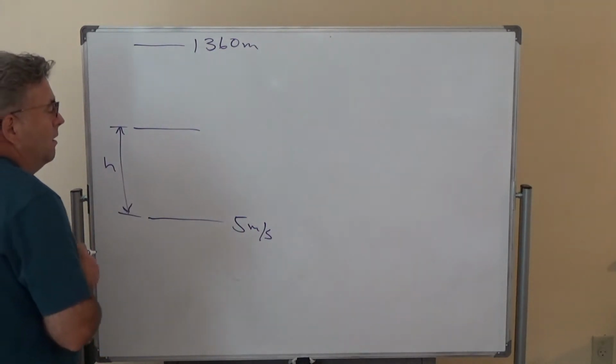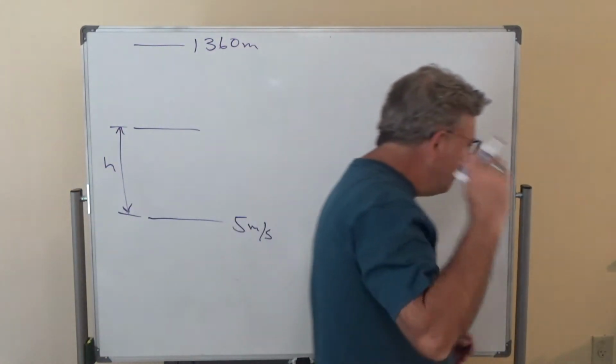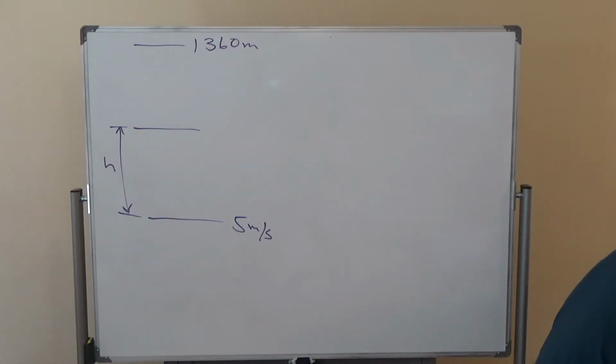So the force after he opens the parachute, what is the force? 55 newtons with the parachute closed. Seems like I had something. Let me see. Oh, maybe I had this. Yeah, here we go. I had it on the wrong one.